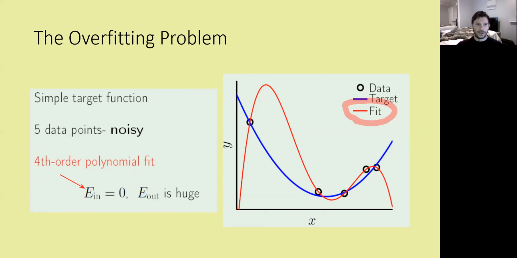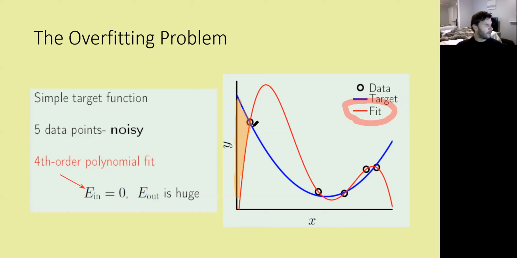The out-of-sample error is gigantic, in that the out-of-sample error will be measured by looking at the integral, or the area, of the difference between the blue function and the red function when they're making different predictions.